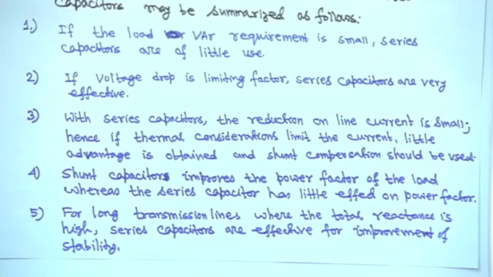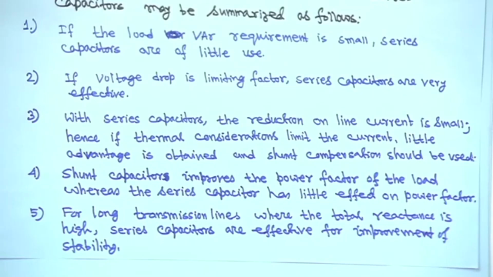So, that XL minus XC component you cannot make 0, right. That component will be reduced, but R is there, R plus j(XL minus XC), remember. So, the reduction in line current is small. Hence, if thermal consideration limits the current, little advantage is obtained and shunt compensation should be used, right.